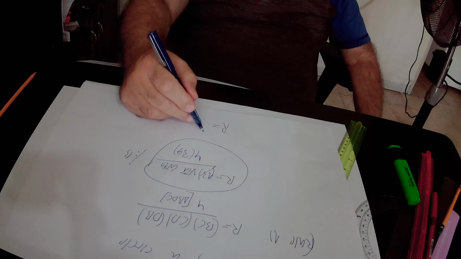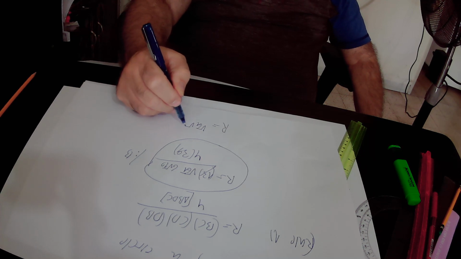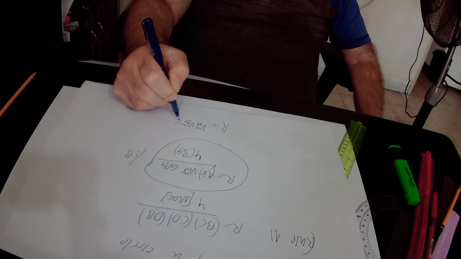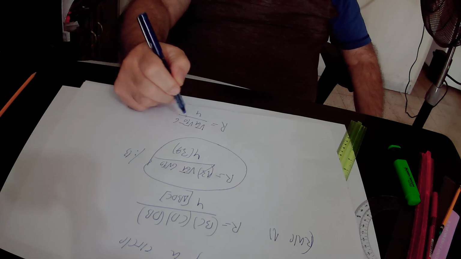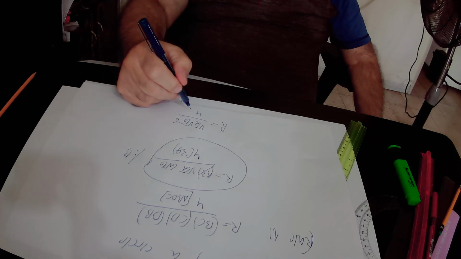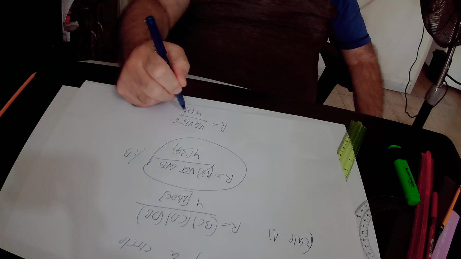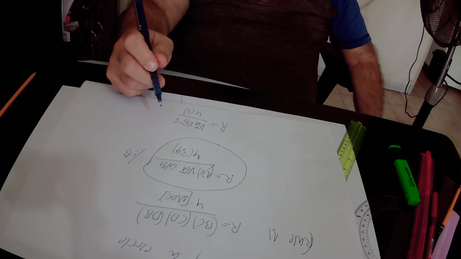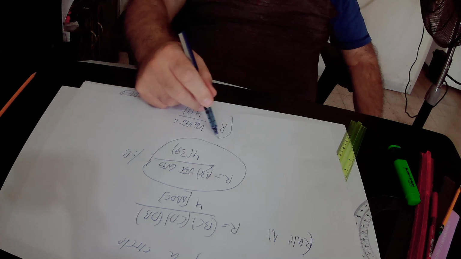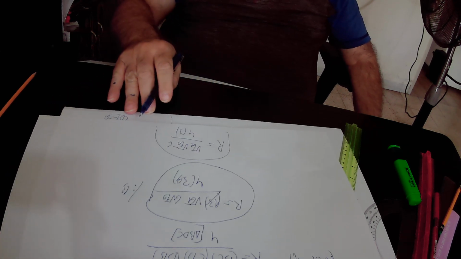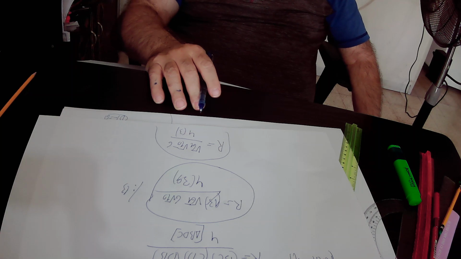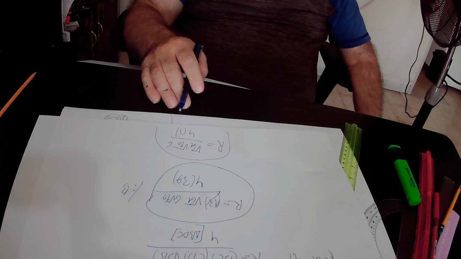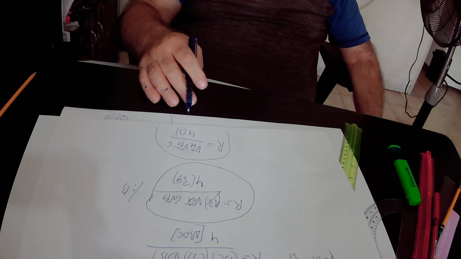We are left only with the square root of 61 times the square root of 10 times 6 over 4 times 39 over 13, which is 3. Okay. So the radius equals the square root of 61 times the square root of 10 times 6 over 3 times 4.